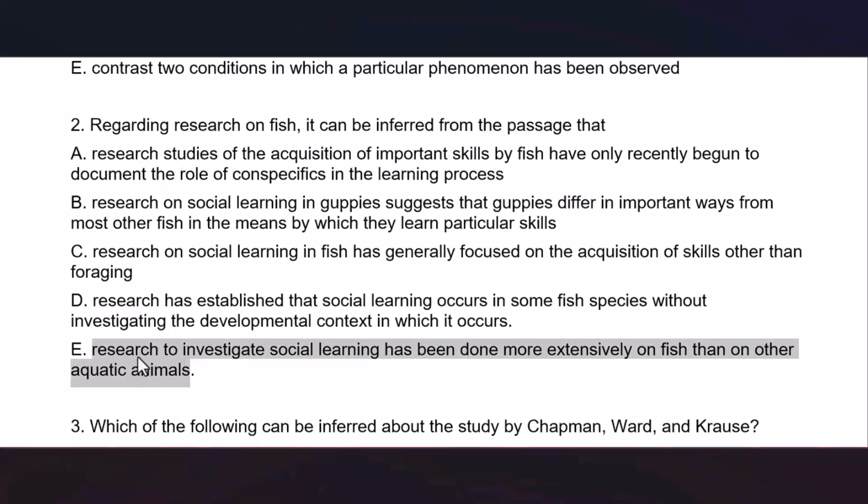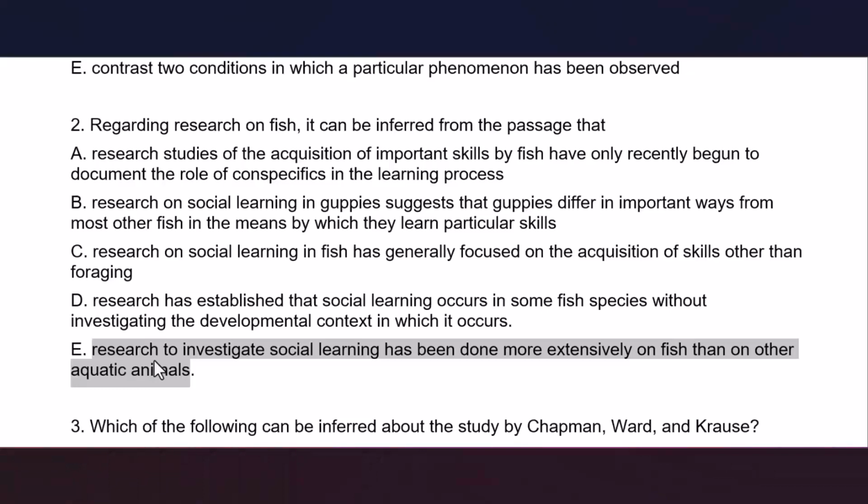Option E, research to investigate social learning has been done more extensively on fish than on other aquatic animals. This is not a kind of information we can infer from this passage because in the passage, except for fish, we have not read something about other aquatic animals. The passage does not discuss animals other than fish. So we cannot judge about this statement.